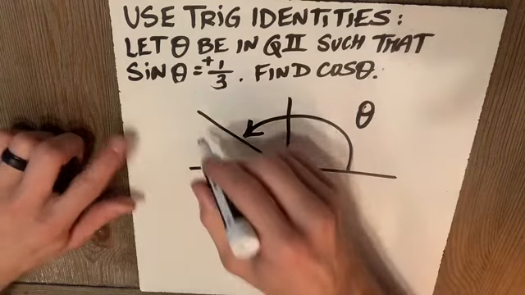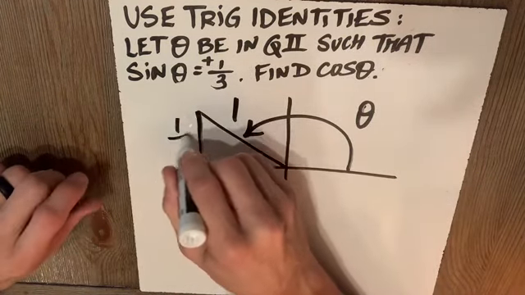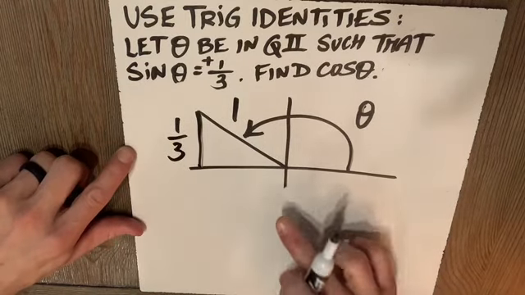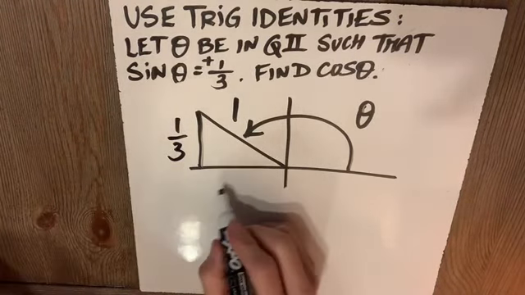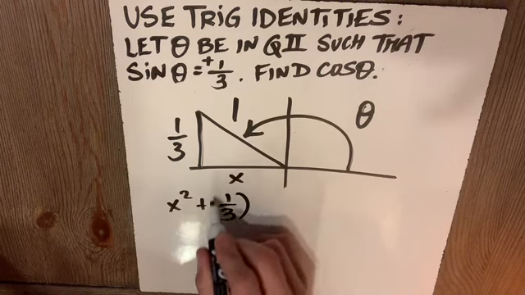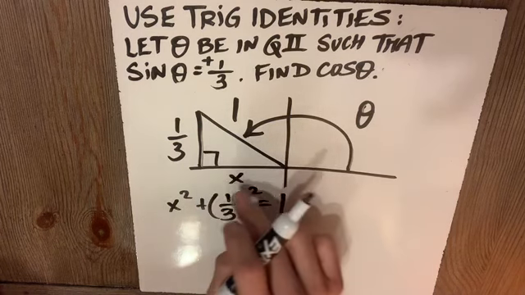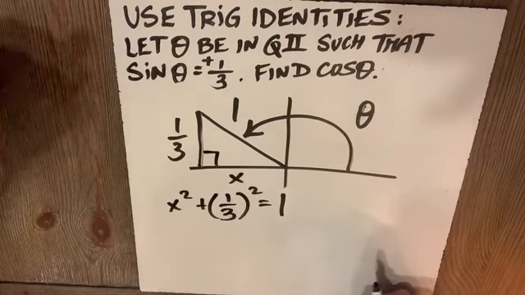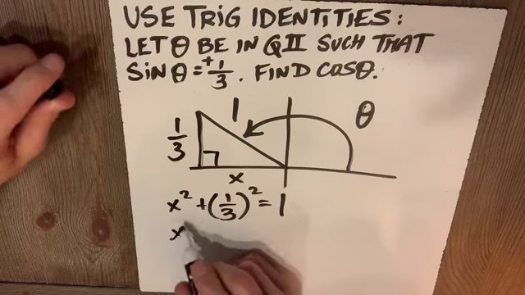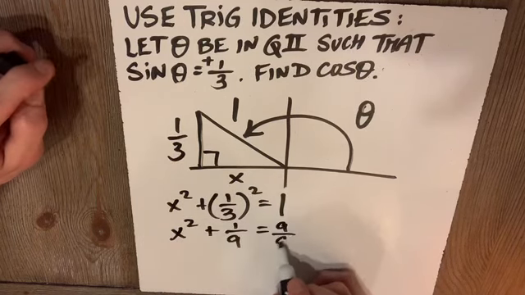Here's our theta. And if you say, I want this a unit circle, well then sine is the y. And now we're saying x squared plus 1/3 squared equals 1 when I do leg squared plus leg squared equals hypotenuse squared. So this will give us x squared plus 1/9 equals 9/9.